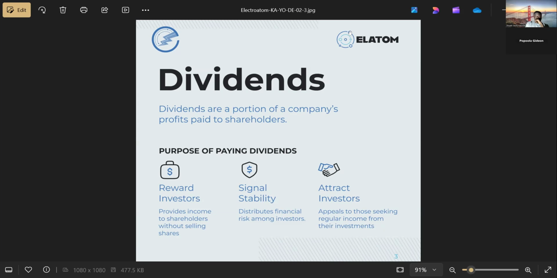Thank you. This explanation is really explicit. Thank you so much. So, okay, what about the dividend part? What do you know about dividend? Do you need to sell your shares before you earn dividend? No, there's no need to sell your shares before you earn dividends.